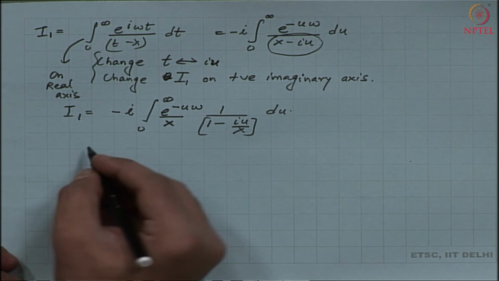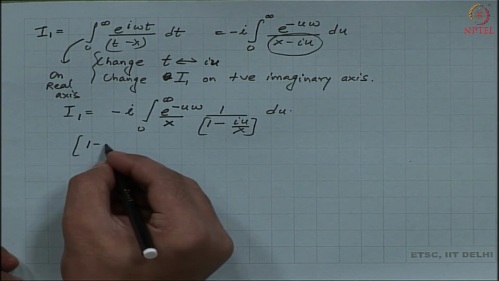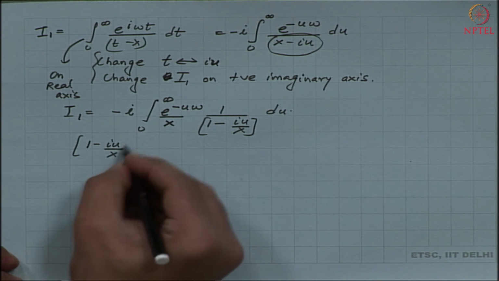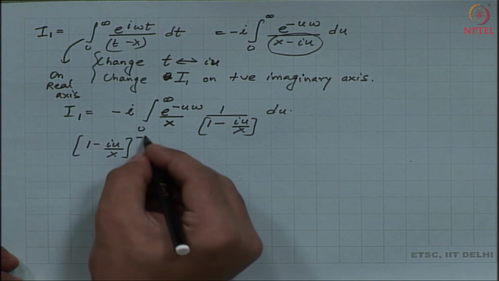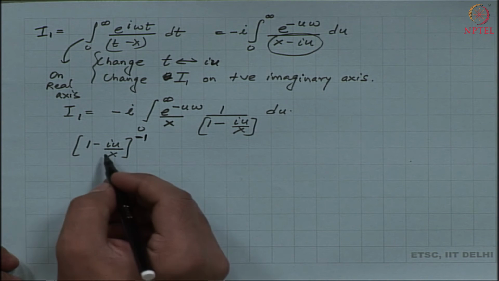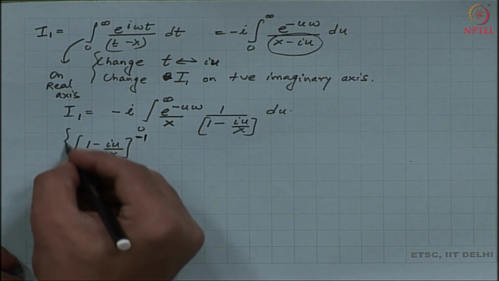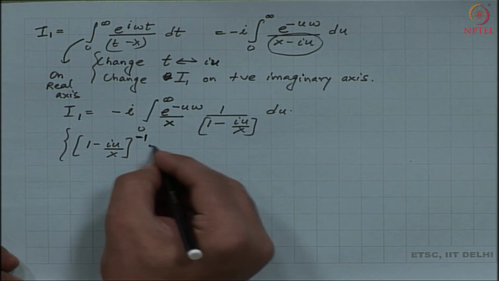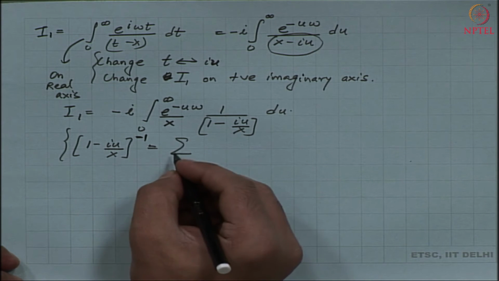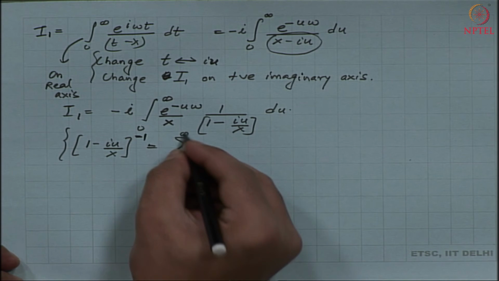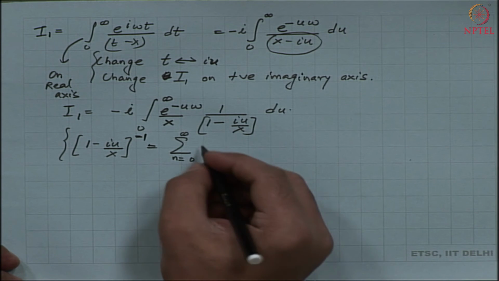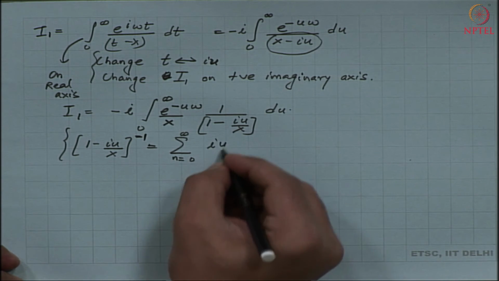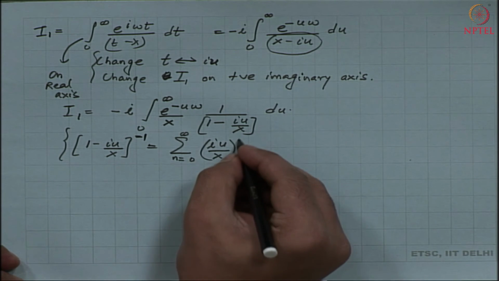So I know the binomial expansion of this particular factor, 1 by 1 minus iu by x, is equal to the following series. I have the summation n from 0 to infinity of (iu by x) to the power n.